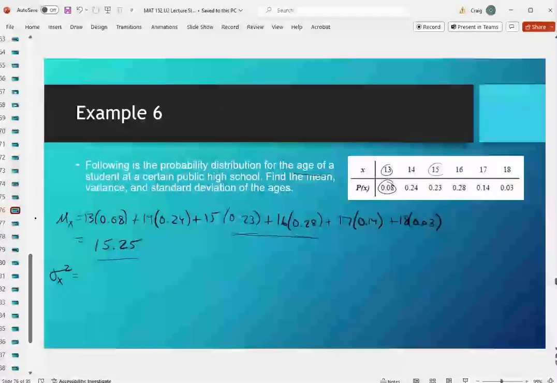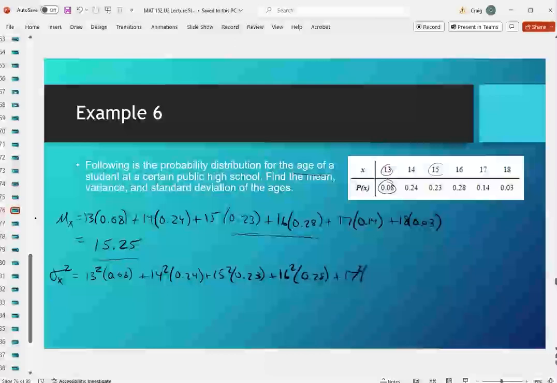And so we're going to say now 13 squared times 0.08 plus 14 squared times 0.24 and so on. 15 squared, 0.23, 16 squared, 0.28, and so on, plus 18 squared.